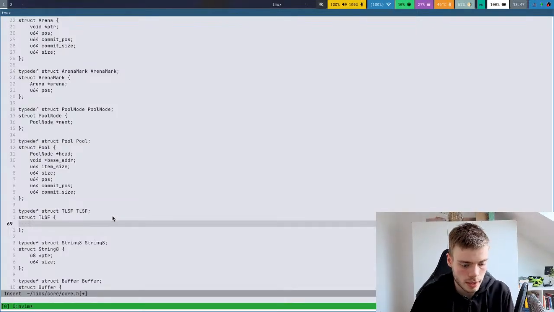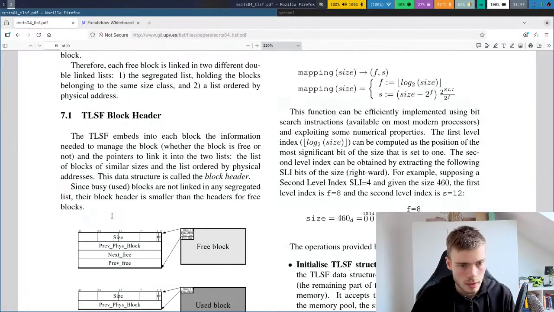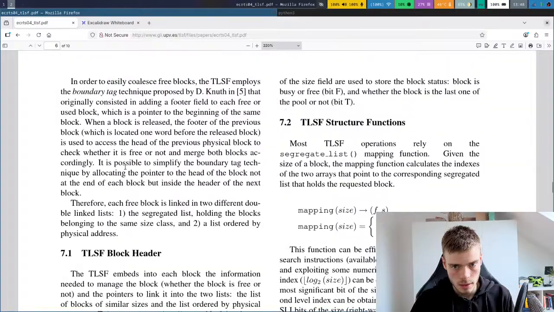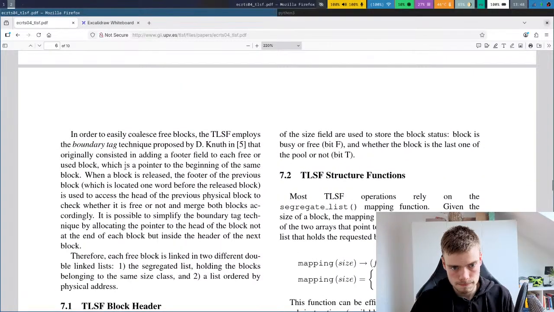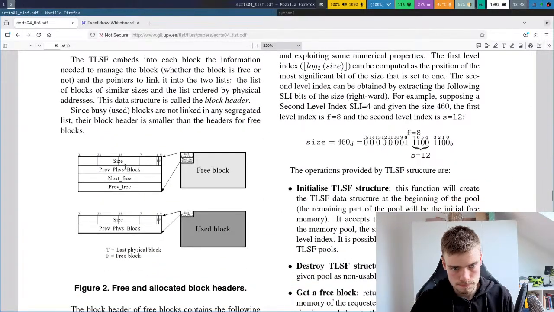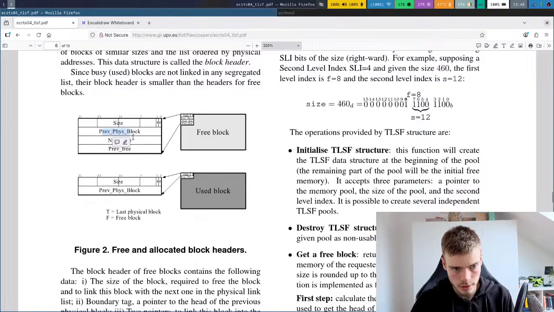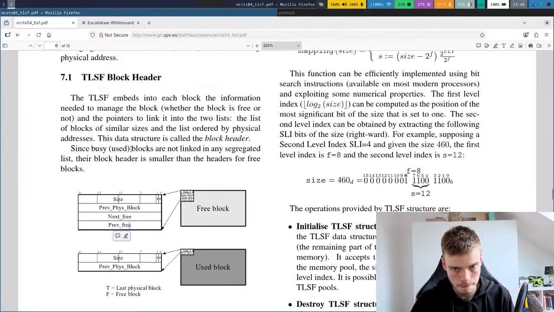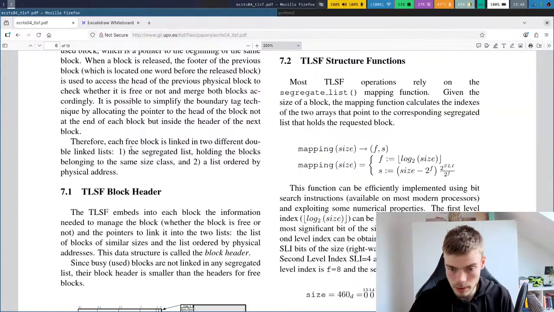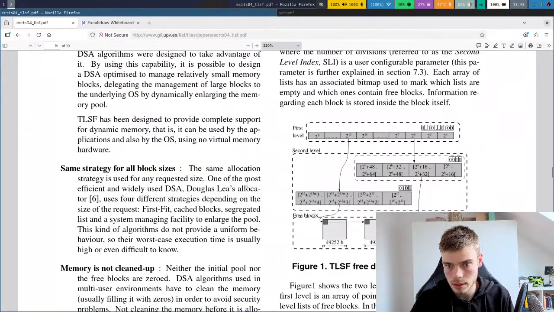We need... what do we need? So we need a bitmap. It tells us which ones are free, which ones are not.